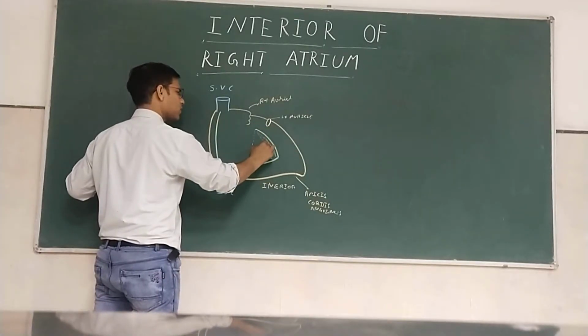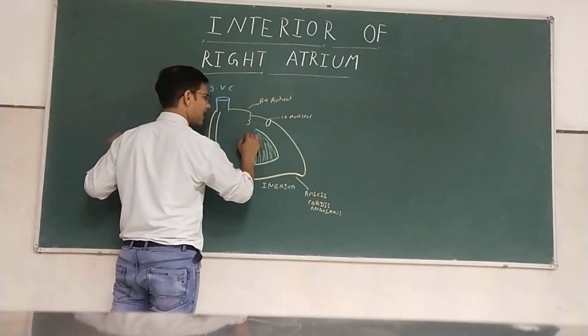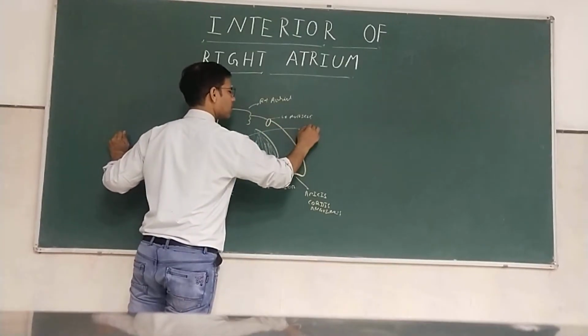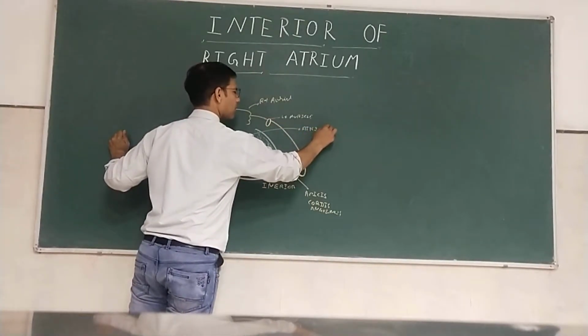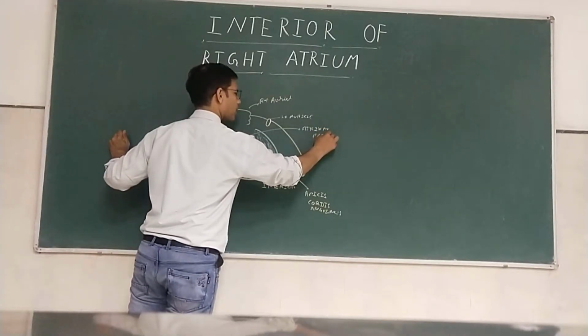A cord-like structure projects from the tip of this one. This part is known as the atrium proper.